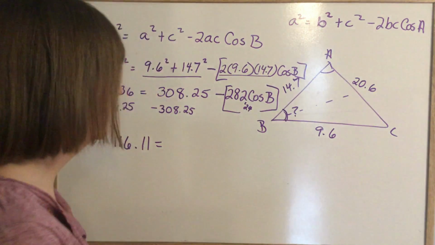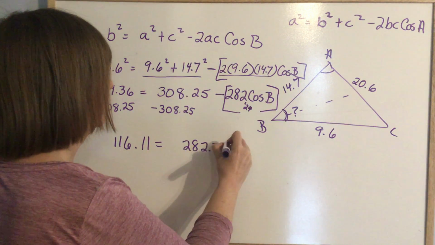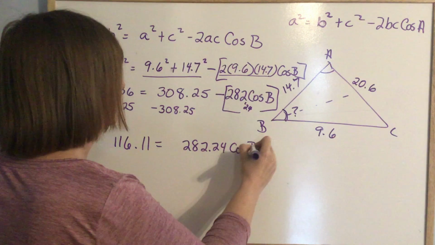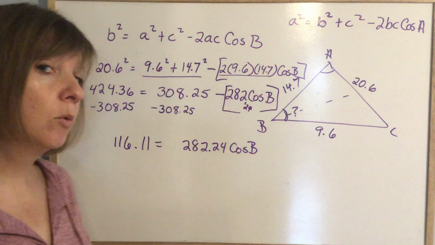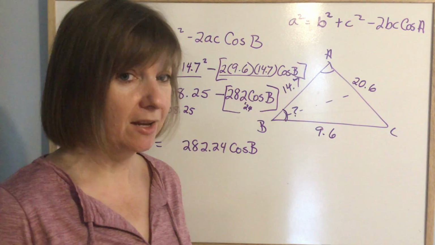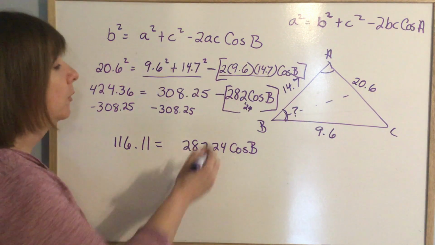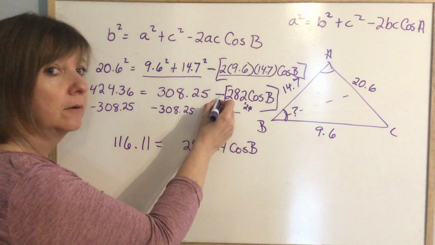Here's the second mistake that people make. They say this: that is equal to 282.24 cos of B. If you're not seeing what's wrong there, you will be one of these people making this mistake if you don't pay attention. Where'd that negative go?